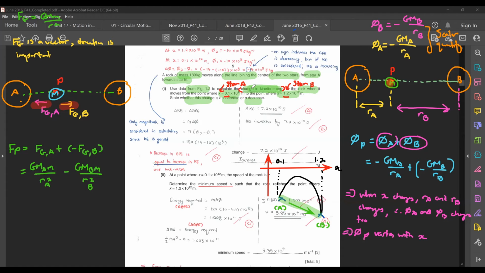But the graph that you have, if you notice, is actually not KE versus distance. It's actually potential versus distance.